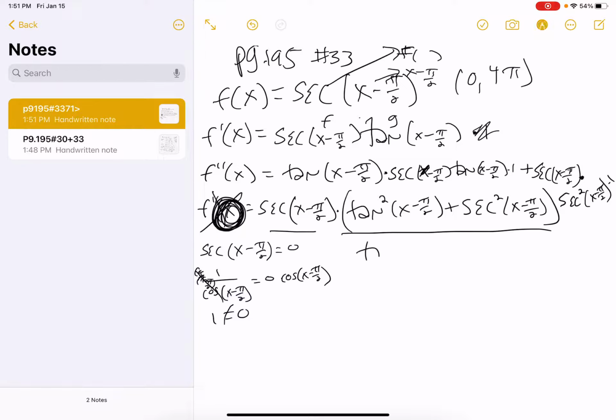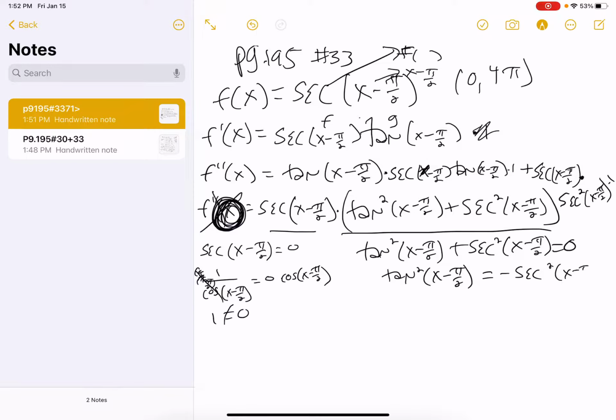So I want to find where tangent squared of x minus pi halves plus secant squared of x minus pi halves equals 0. That's like saying tangent squared of x minus pi halves equals negative secant squared of x minus pi halves.